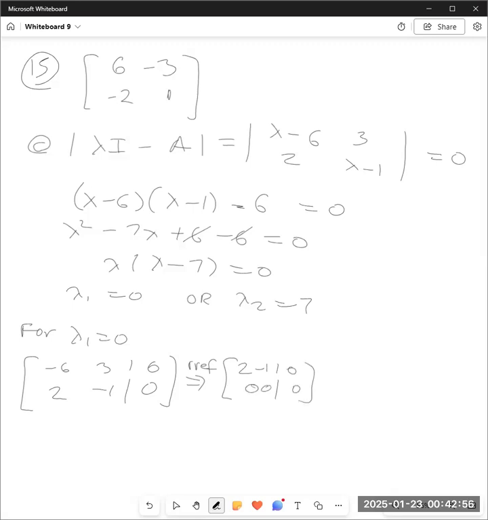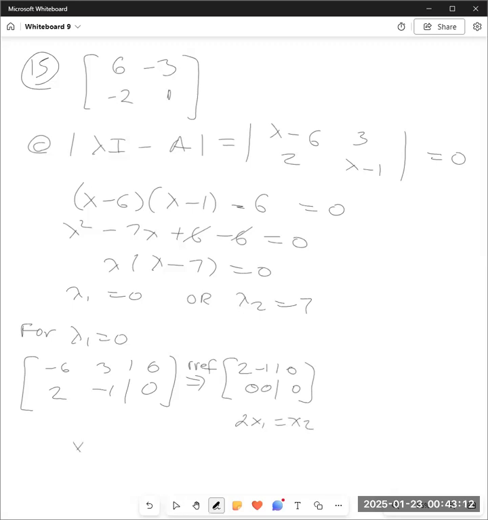So that tells me that 2 x1 is equal to x2.